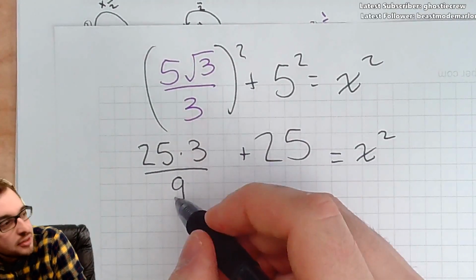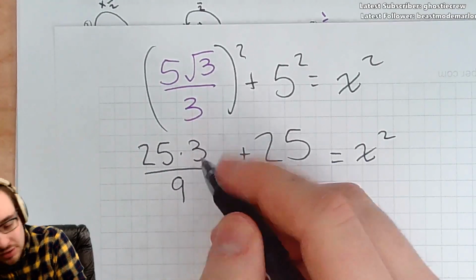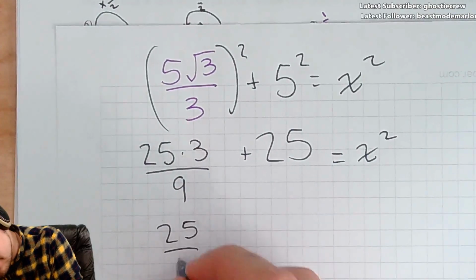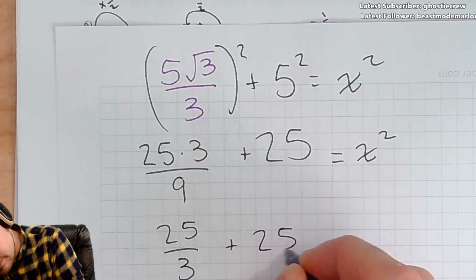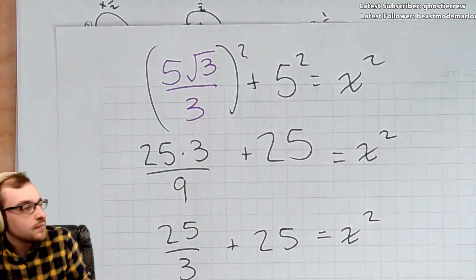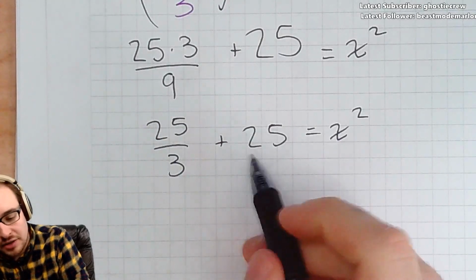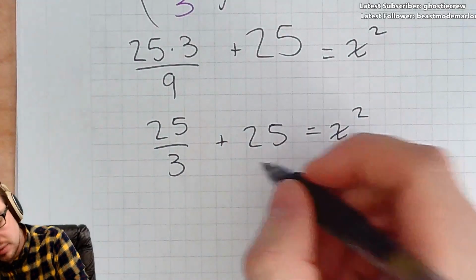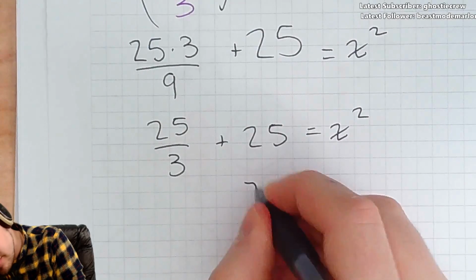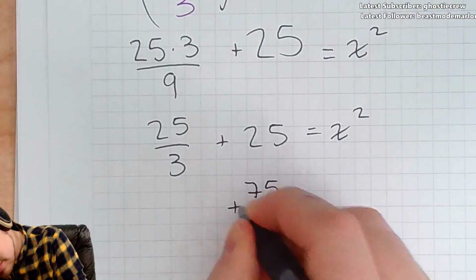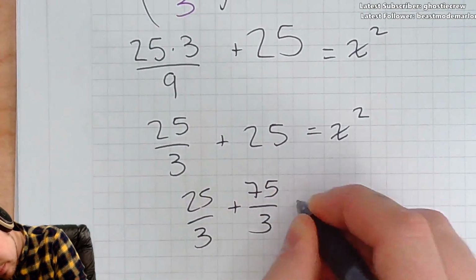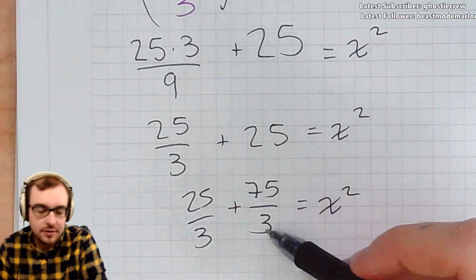Um, 9 divided by 3, or 3 divided by 9, that's 1/3. So I could make that this. And then how many thirds? I need to get thirds here, so I'm going to multiply this by 3 and get 75 thirds. Right, because 75 divided by 3 is 25.